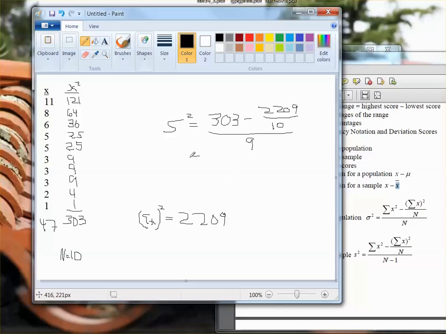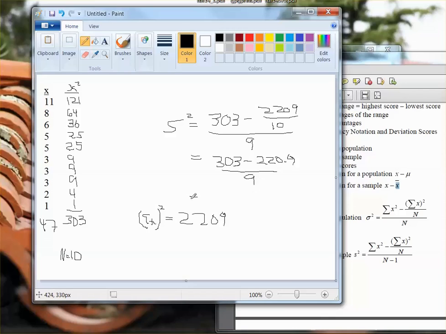So now it's just a matter of reducing. So you do 2209 divided by 10. You can use a calculator, or you could just move the decimal place. That gives 220.9, divided by 9. That would be our next step.